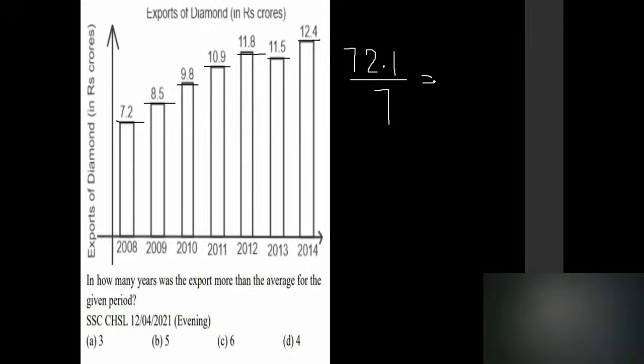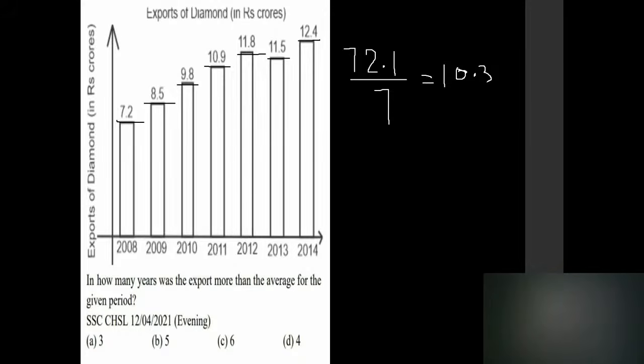Sum is 72.1. So 72.1 divided by 7 is equal to 10.3. 10.3 is the average of all the numbers, average of all the years.